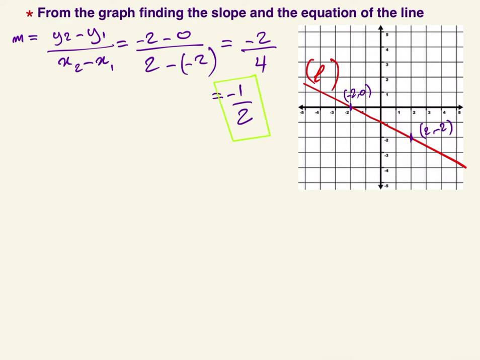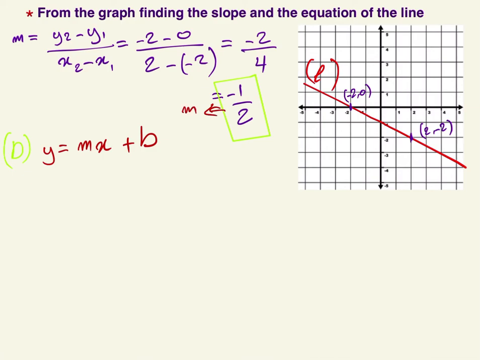So let's find the equation, the same thing we did before. We can give it a letter D. D is y equal to mx plus b. We have m, this is m, and we have 2 points.